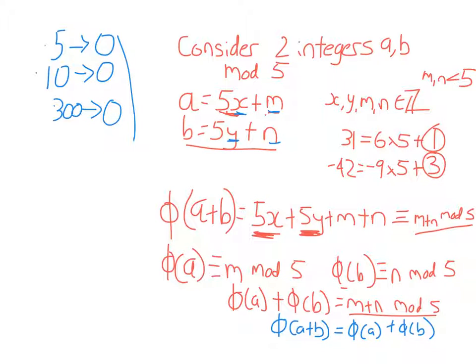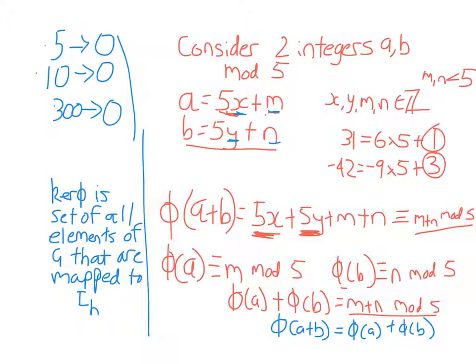So there is a special name for all the elements that get mapped to the identity. That is called the kernel. So the kernel is the set of all elements of G, the first group, that are mapped to I_H, which means the identity in H. So in this case, G, the first group, was the set of all integers under addition.